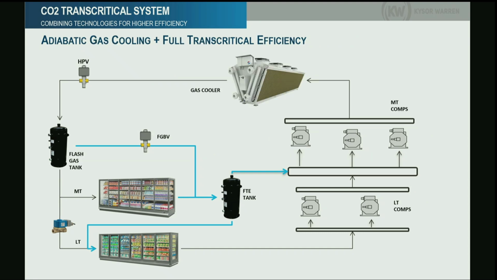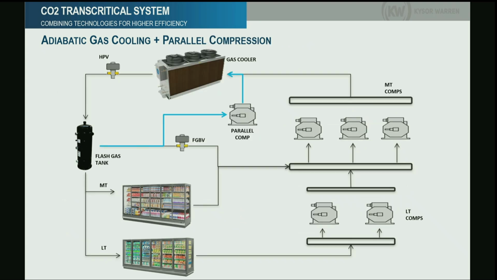Another way will be like this. You can have an adiabatic gas cooler and also FTE technology on them. Again, those are independent technologies, so you get the full benefit of both of them. Another option will be like this. You have an adiabatic gas cooler and parallel compression.